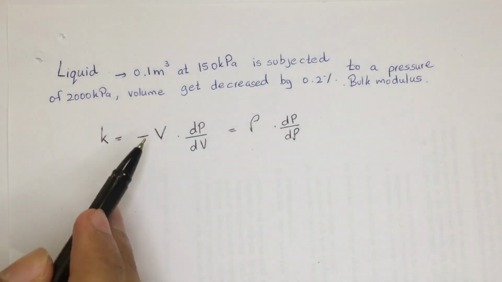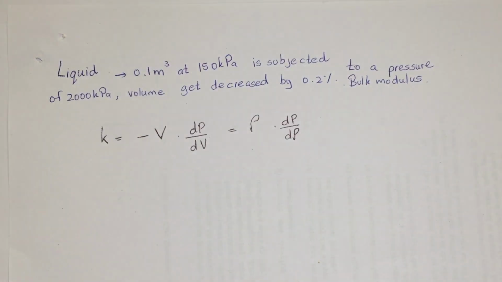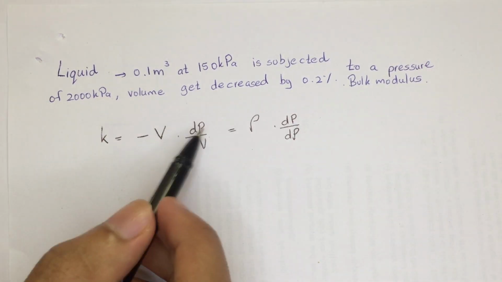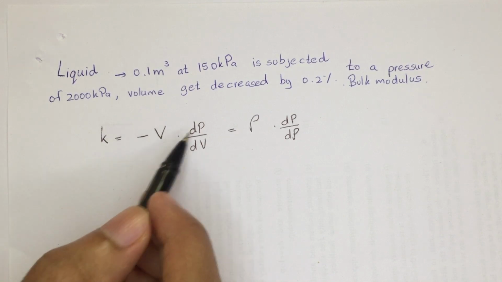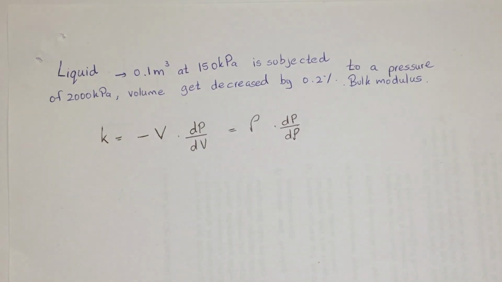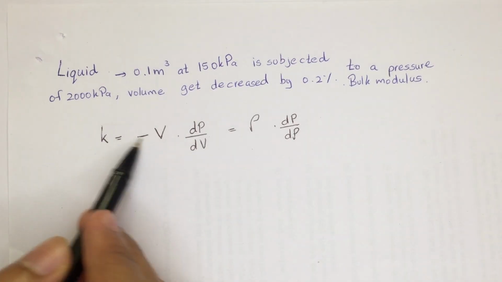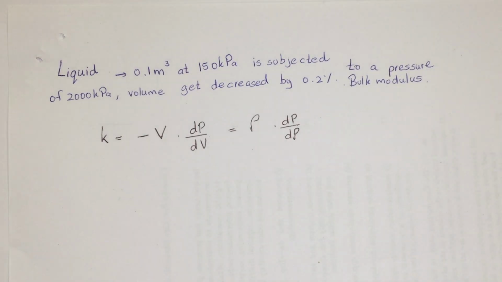Some might wonder why there is no minus over here. The reason is, when you are giving pressure, automatically the volume is going to decrease, but we can't have the bulk modulus as a negative value. It has to be positive, so this minus changes into plus.